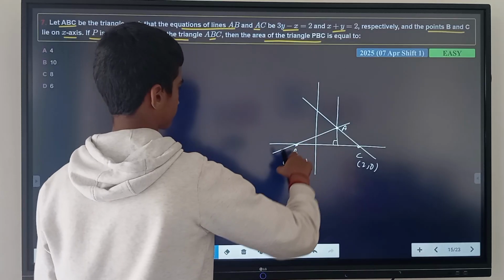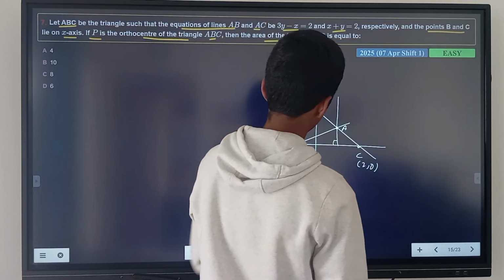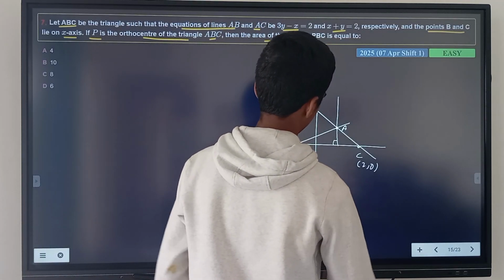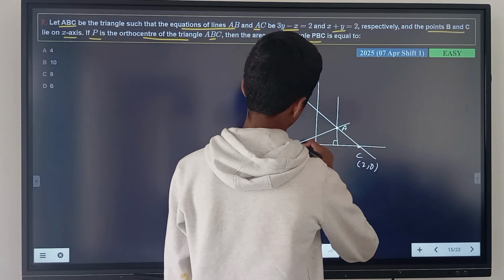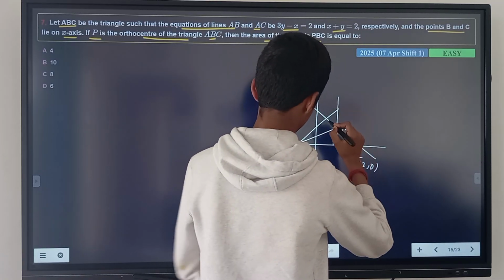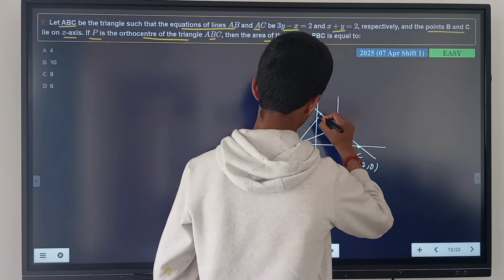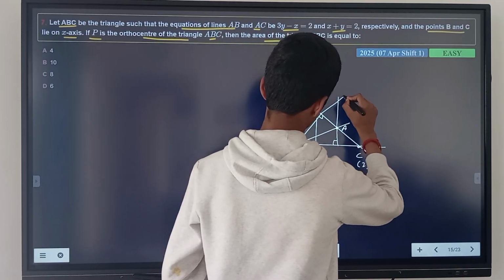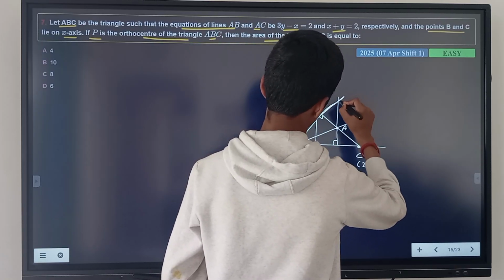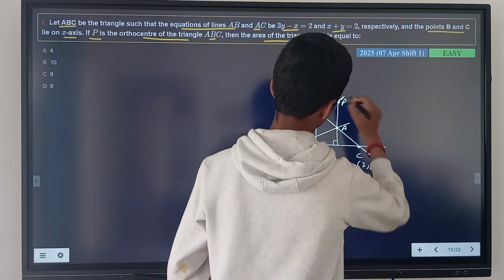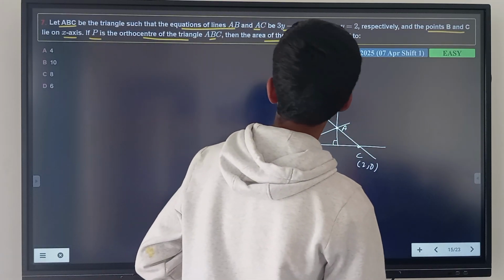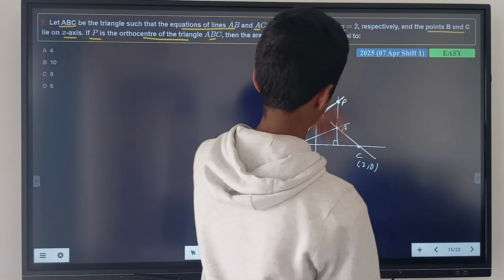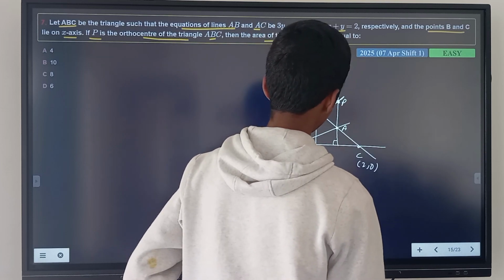Now we need to make a perpendicular on side AC from the point B. So this will be like this. This is perpendicular, and here we have our point P. I am not taking the other C because we need to find P, then the area of PBC.